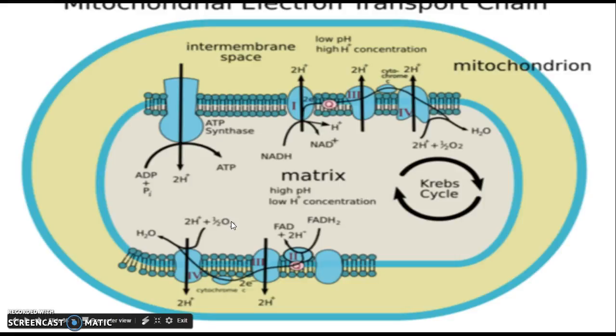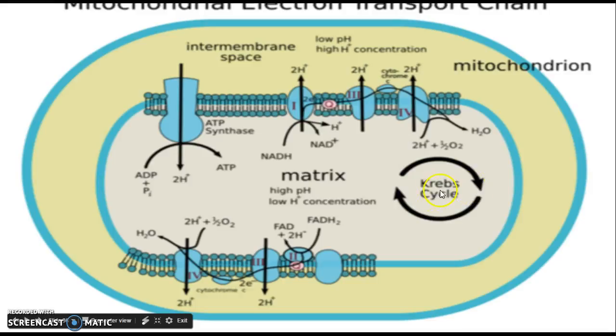And what's going to happen is that all of these little hydrogens are going to be moving through the membrane of the mitochondria and going to make a bunch of ATPs. So, let's talk it through. Our Krebs cycle is going to be going around and around and around.